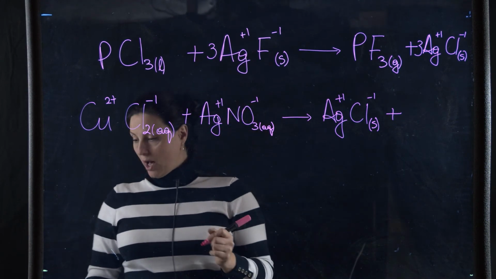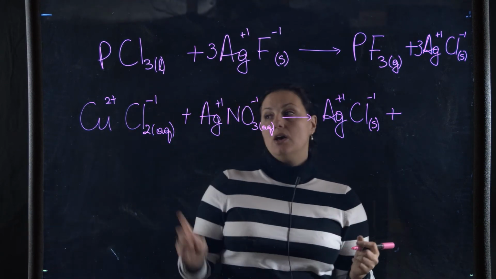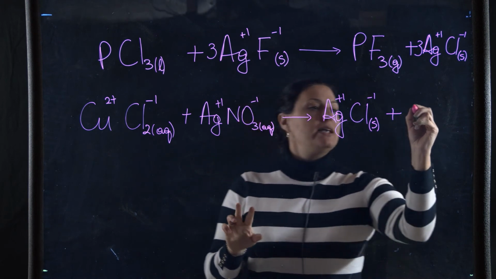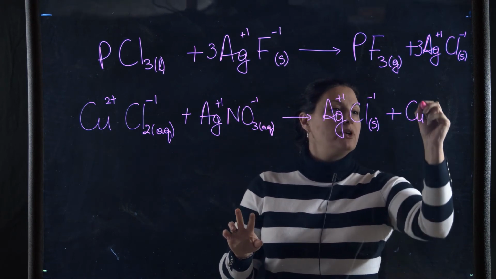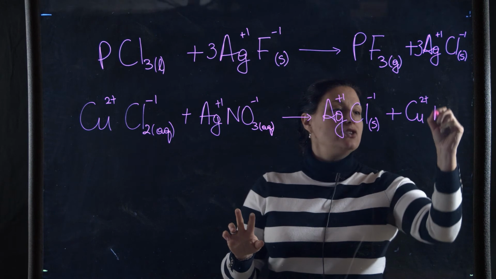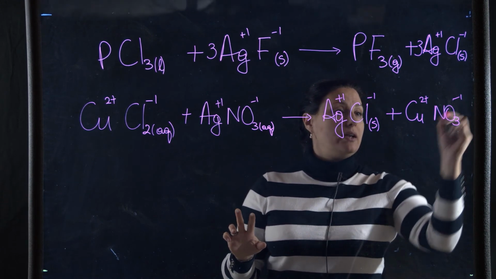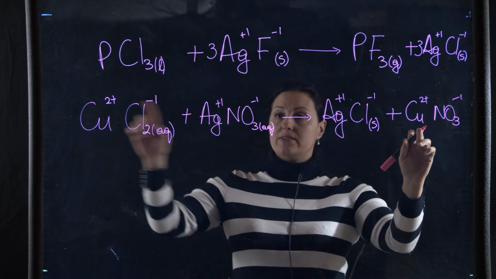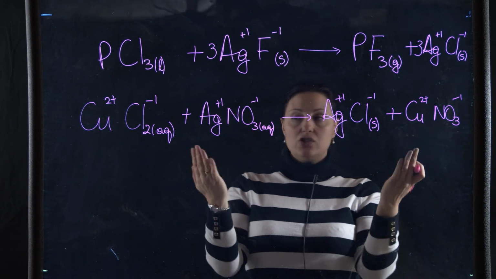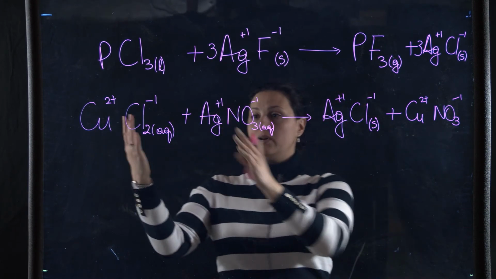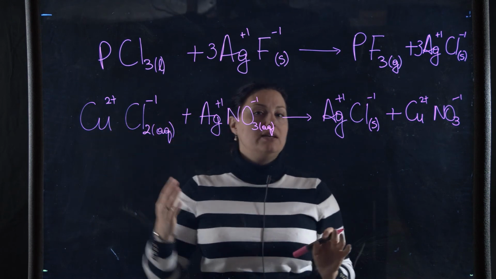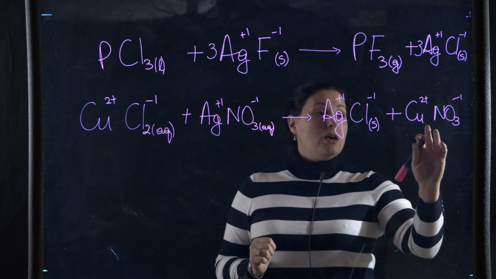Plus copper 2 nitrate. Copper 2 tells me that it's 2+. Copper is 2+. Nitrate, NO3, is still -1. Okay, these charges have not changed. I just flipped partners, if you will. I flipped positive and negative ions.